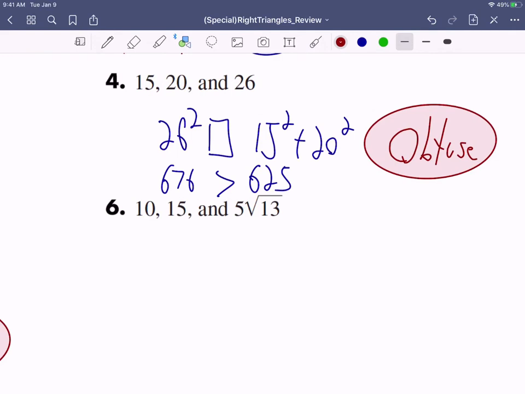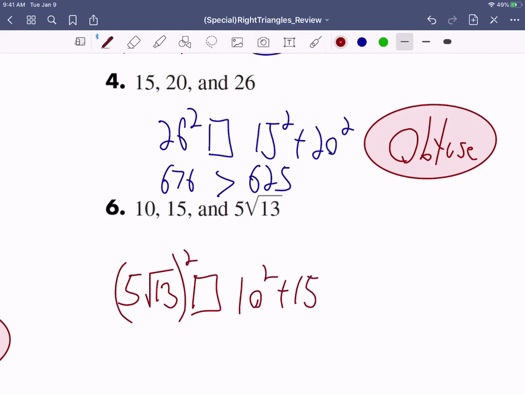So this one's 5 root 3. We talked about that one before. We know it's somewhere between 20 and 15. So it's definitely going to be bigger. It's going to be the biggest side. So 5 root 13 blank, sorry, squared, blank 10 squared plus 15 squared.